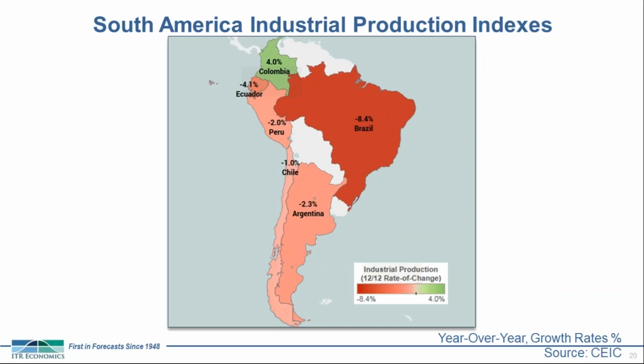You see a lot of red here. In general, everyone's down about 2 to 3%, with the exceptions being Colombia and Brazil. Colombia, which has a relatively diverse economy and isn't as dependent on fossil fuels and commodity price goods in general compared to a lot of their neighbors, is doing very well. They're currently up 4.0% year over year.